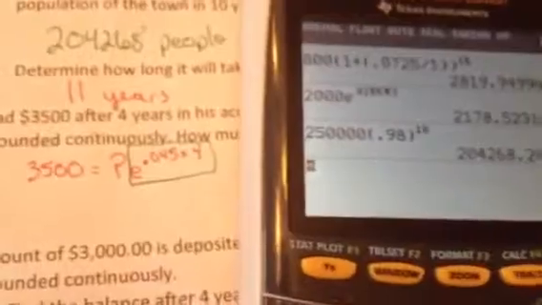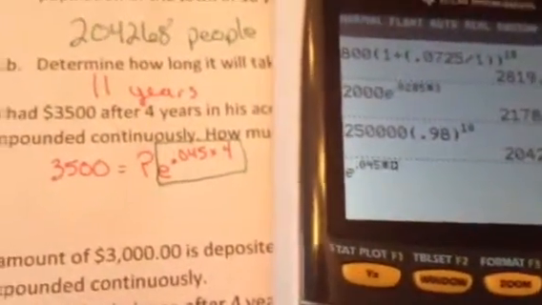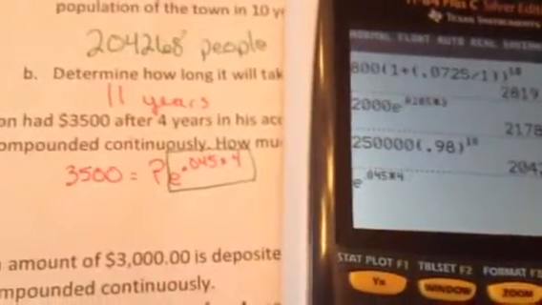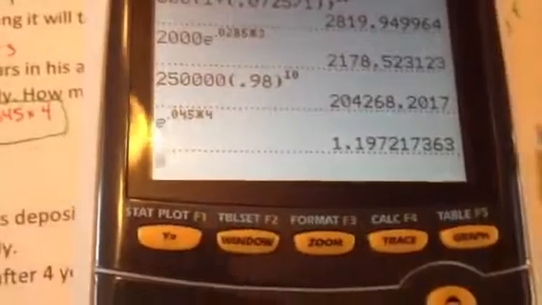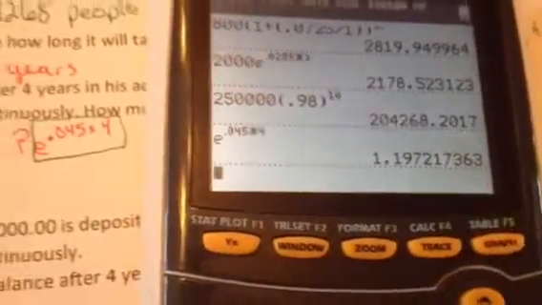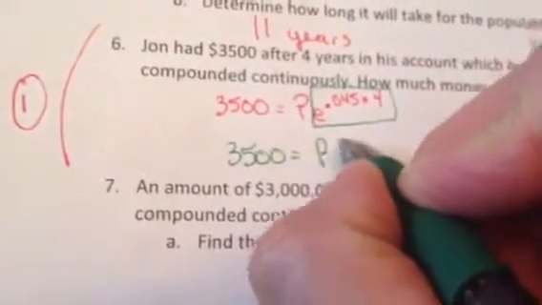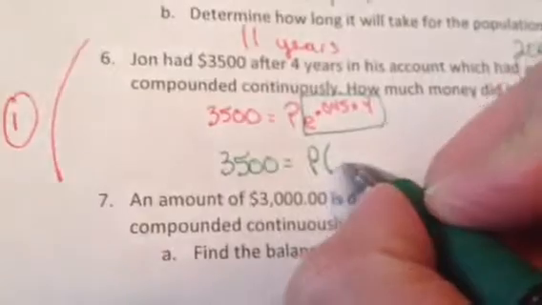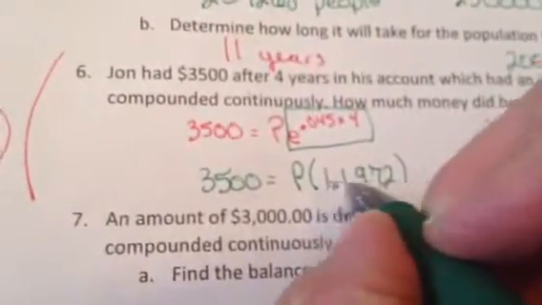So I'm going to hit second ln, 0.05 times 4. And when I get this, I'm going to write quite a bit of the decimal. I'm going to go all the way to the 2. So right now I have 3,500 equals p times this really long decimal. And now I can just get p by itself by dividing.